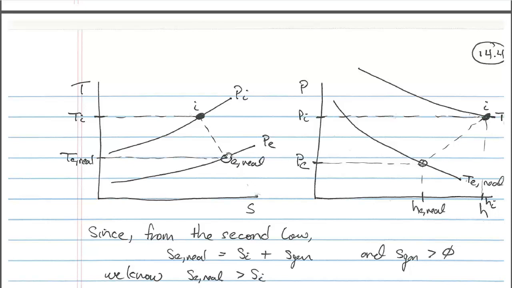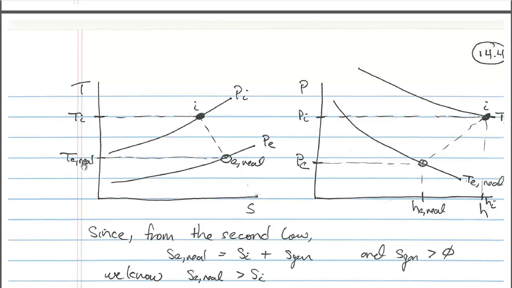So I just arbitrarily chose this point here as my real exit state because it's along the line of constant pressure that corresponds to the exit pressure, and it's at an entropy that is greater than the inlet entropy. Now that I know this is my real exit state, I draw this line over here and say that this is my real exit temperature. Now hang on to that thought for a minute. What we glean from this information, first of all, is that the real exit temperature is less than the inlet temperature.